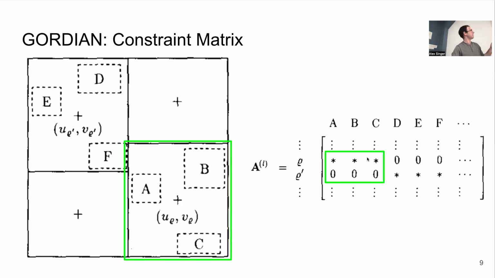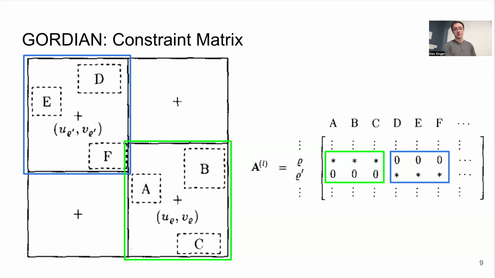They didn't say what exactly this is, but this is probably some kind of weighting term or just some way of saying that they're in this partition. And all other rows are going to be 0. So that's how they set up the constraint matrix. And then similarly for D, E, and F, they're going to be non-zero for the partition that they're in, 0 everywhere else. This is how they encode the partitions into the constraints.